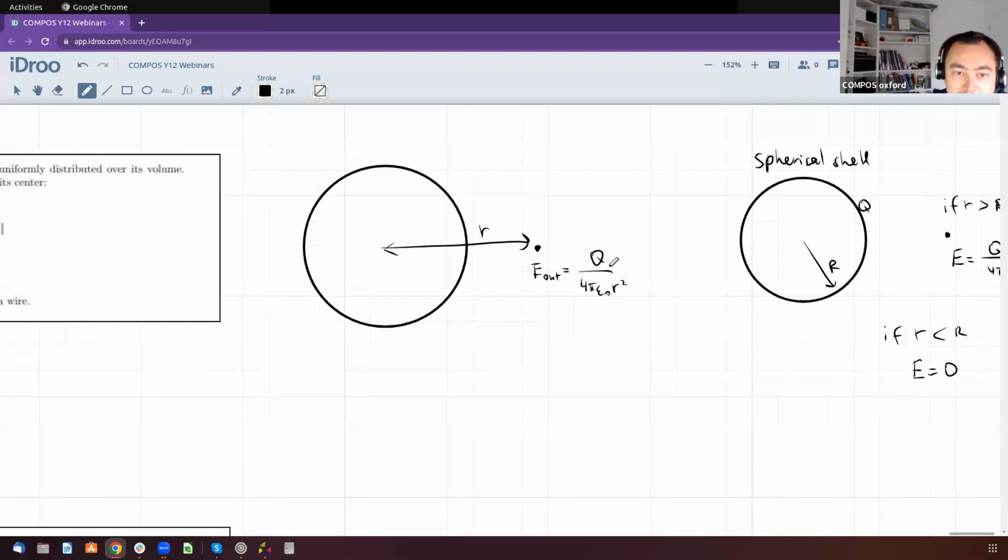So this is if r is greater than R. This is not different from a single shell. A charged ball is just many shells put together.